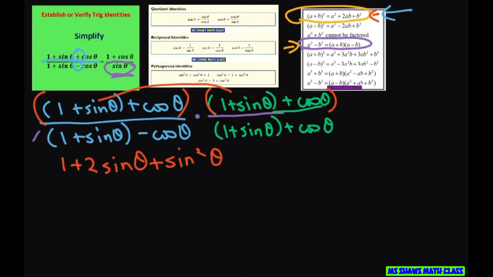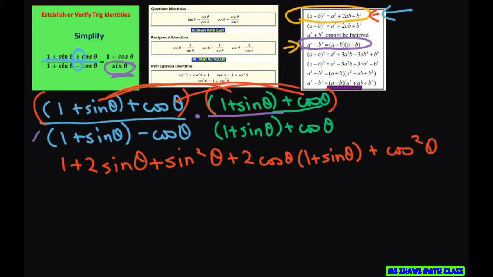And then you're going to multiply this, and you're going to get plus 2 cosine theta times 1 plus sine of theta. And then you multiply this last piece, and that's going to give you plus cosine squared of theta. So this middle piece was the outer and the inner.